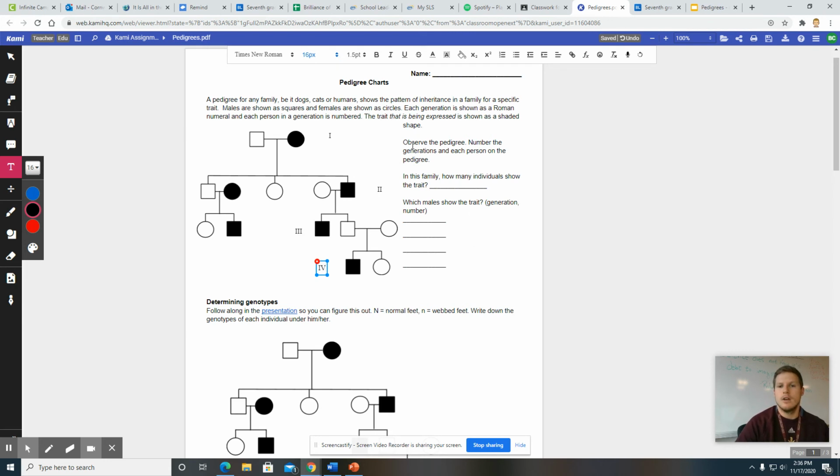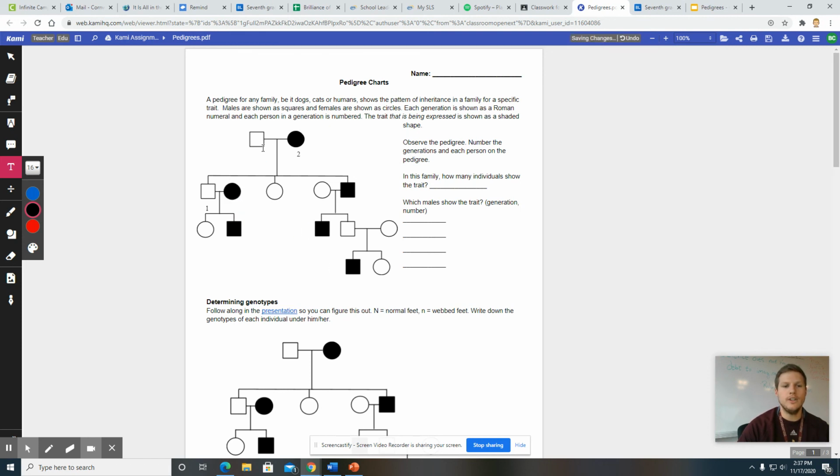Okay? And now we have to number each one of them. As we go through each generation, 1, just simple, through each one. 2. Then we have 1, 2, and so on and so forth, right down the line. Okay? So I wanted to show you guys that to give you all an idea of what to do.